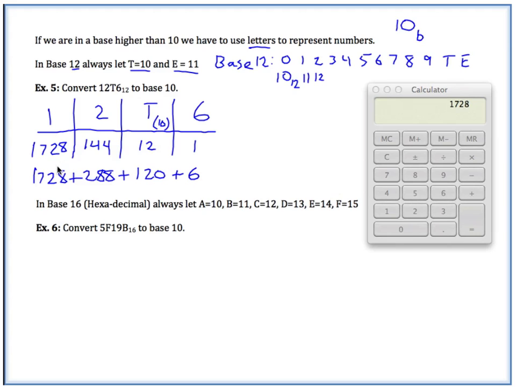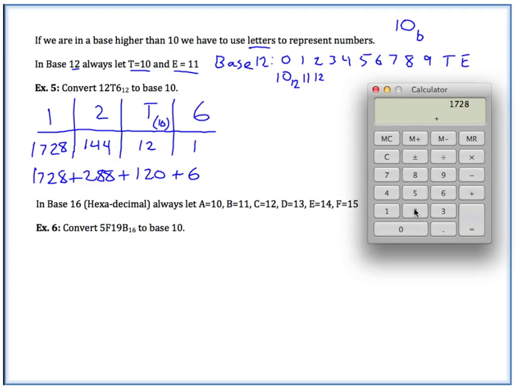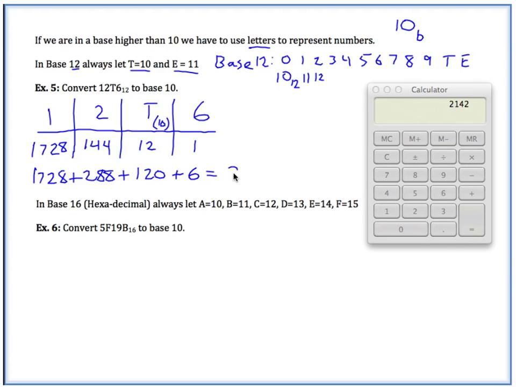So let's go ahead and add all these up. 1728 plus 288 plus 120 plus 6, and our total is 2,142. So you can see here, since base 12 is higher than base 10, our number gets more compact, and you can see it's lower than our base 10 number.